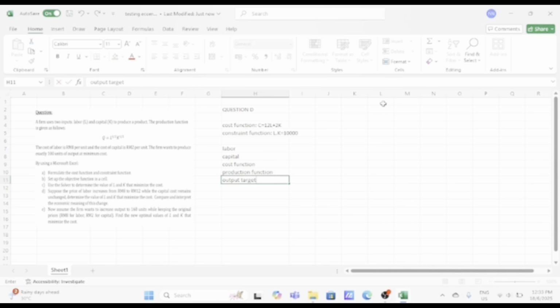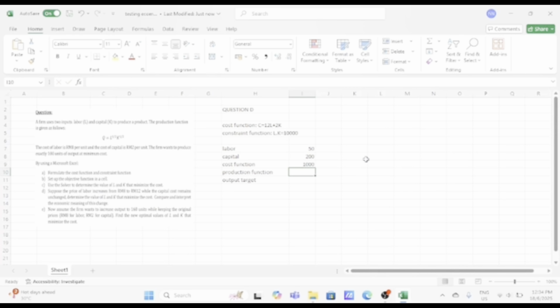For labor and capital, we need to put any dummy number. So I choose 50 for labor and 200 for capital. To find the cost function, we click equals, and with this function 12 times labor, we click the labor cell, plus 2 times capital, enter.